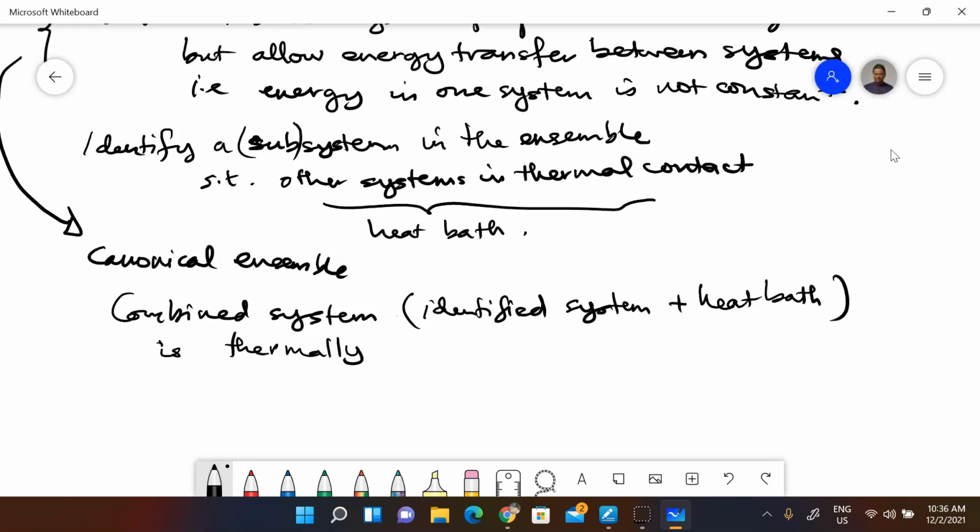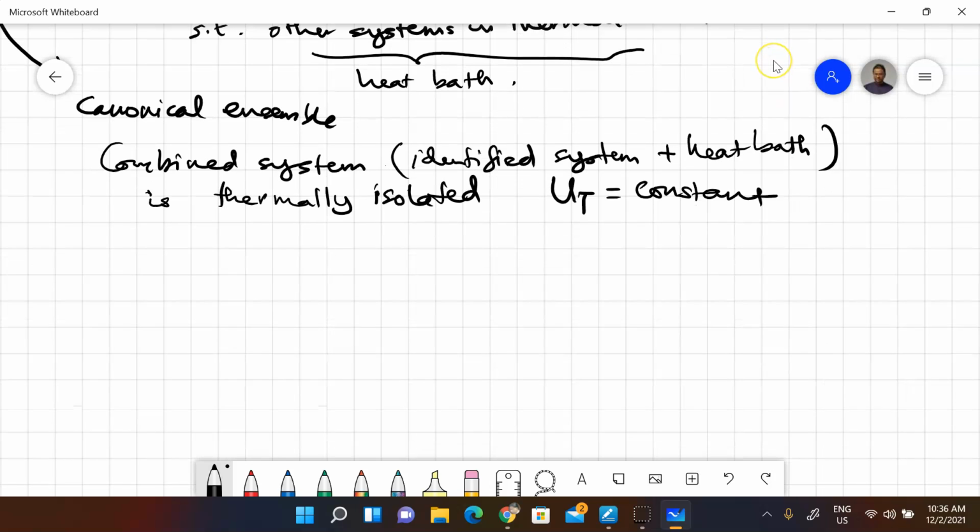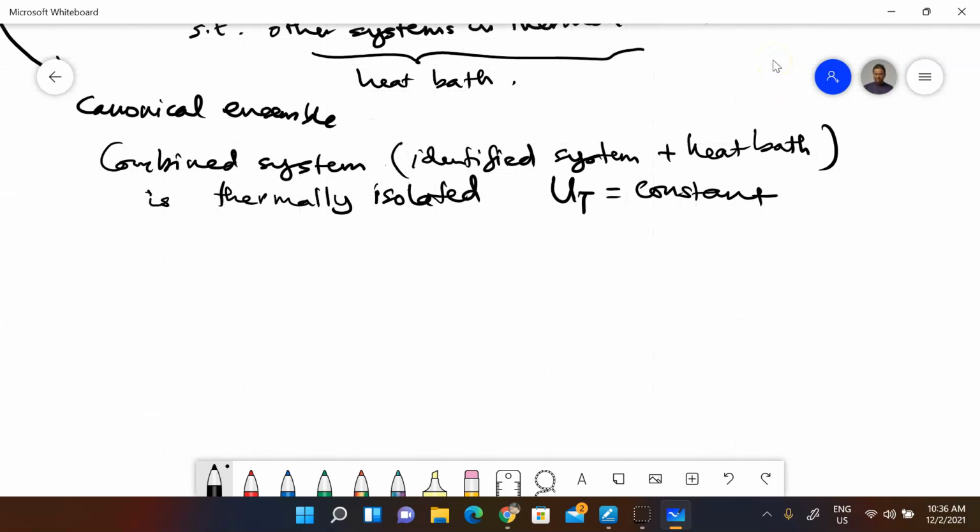That means the environment beyond all this ensemble will not be considered as participating in this heat exchange. So thermally isolated, then essentially the total energy is going to be constant. Also, one can talk about the entropy of the system.